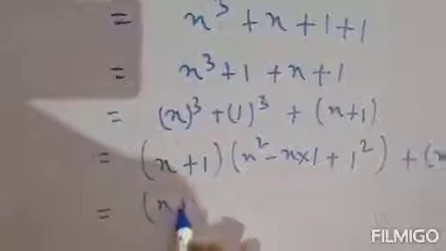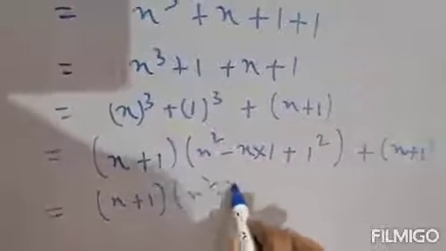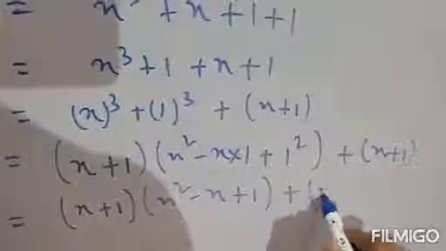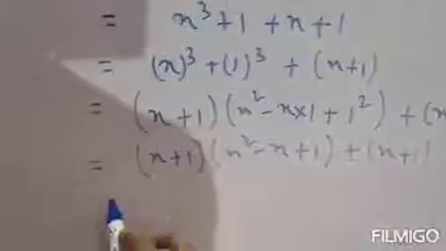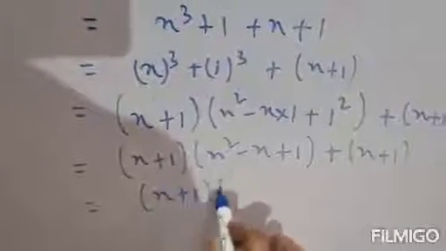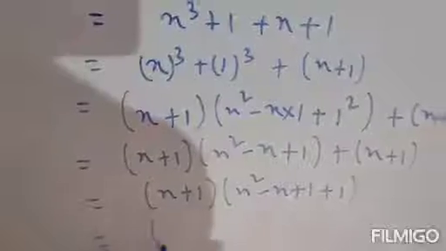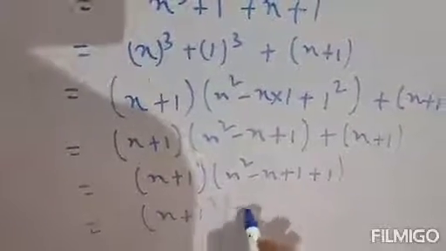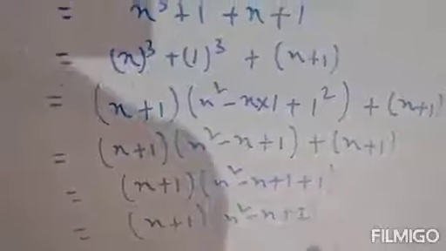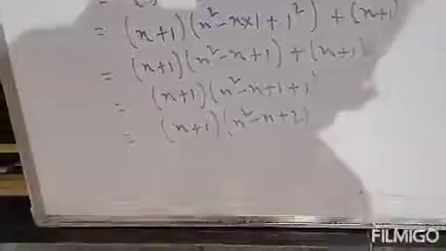So this is (x plus 1)(x square minus x plus 1), plus x plus 1. Now take one (x plus 1) as a common. This is (x plus 1)(x square minus x plus 1 plus 1), that is (x plus 1)(x square minus x plus 2). Clear? So your final answer is (x plus 1)(x square minus x plus 2). Clear? Question number 7 complete.